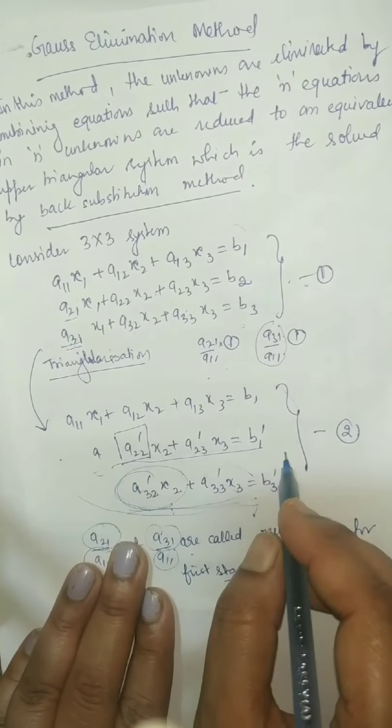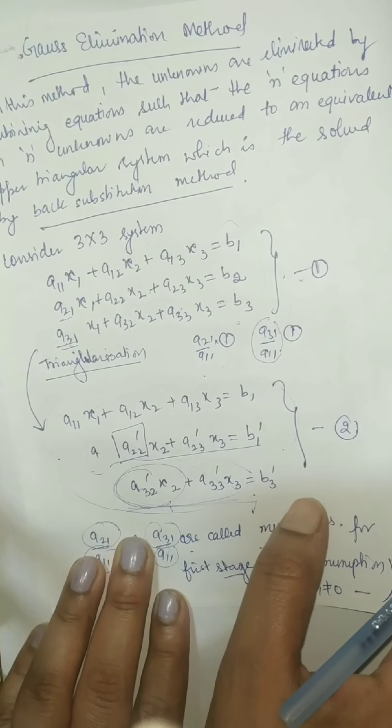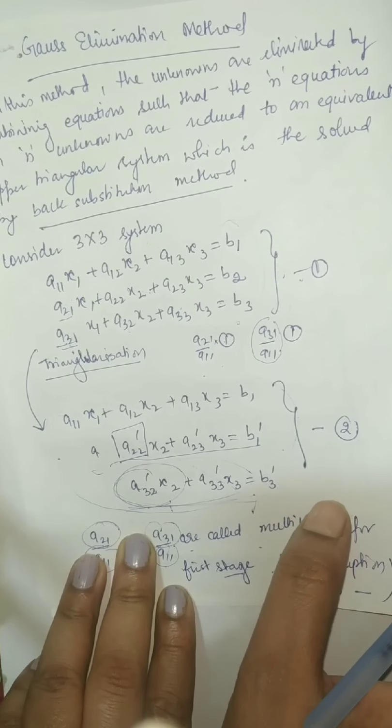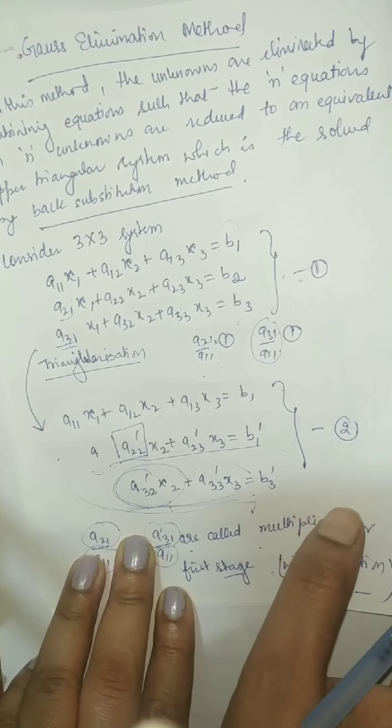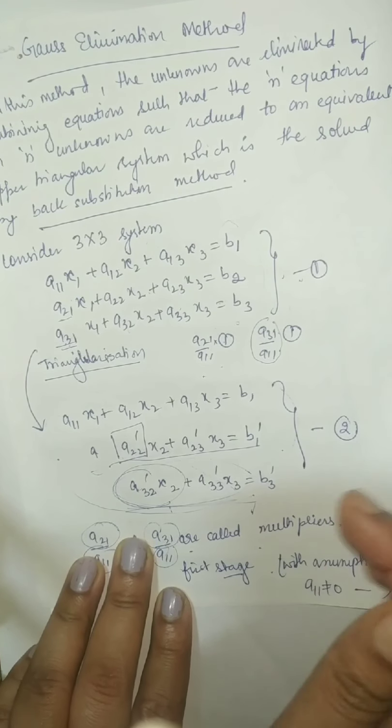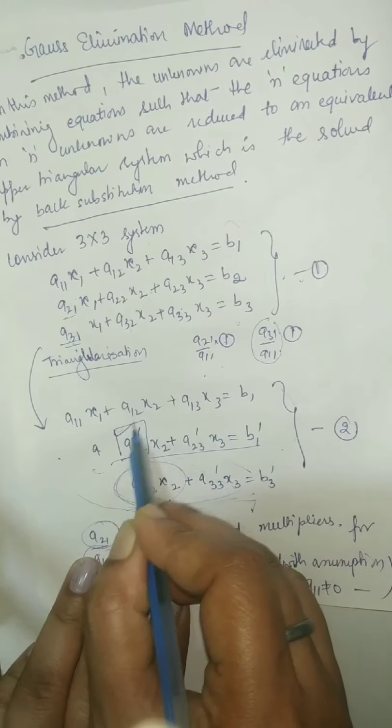This is the pivotal equation, and a22 dash is also called the second pivot for the second stage. a22 dash is the second pivot.